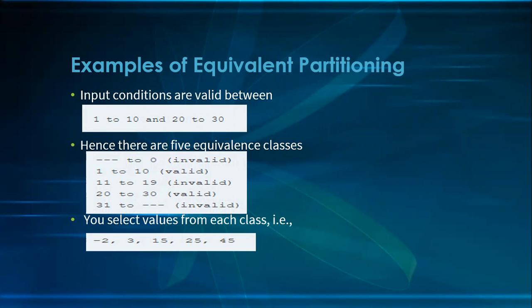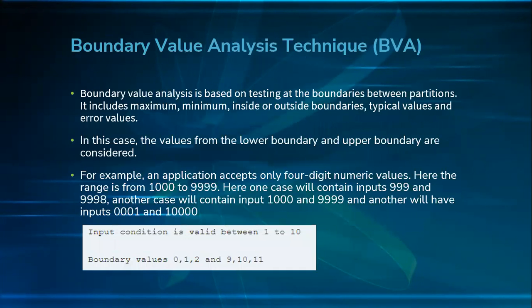Now let's take it back to boundary. For boundary, you are testing within the boundaries, testing both inside and outside the boundary. That's what it means. So here now, we've got 1 to 10. 1 to 10 is what we want to test now. If you've got 1 to 10, we want to test outside the boundary, which is anything outside 1.